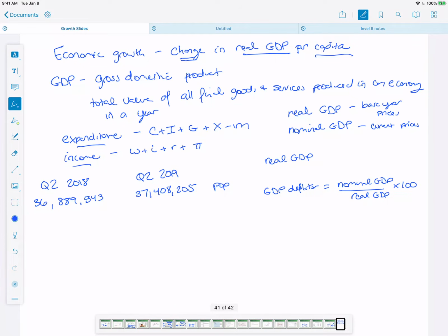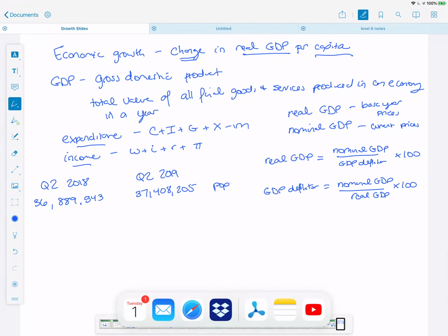So if we know 2 out of those 3 variables, we can actually rearrange the formula to find the other one. So we can find real GDP by taking nominal GDP divided by the GDP deflator times 100. So now we just need nominal GDP and the GDP deflator. So let's go find nominal GDP.